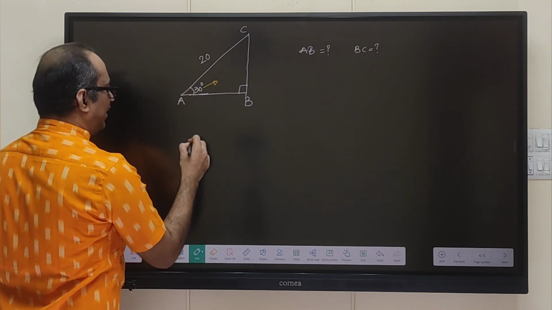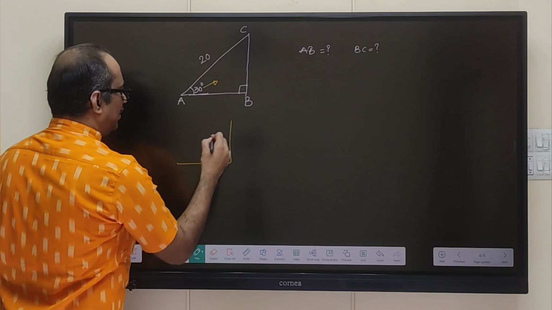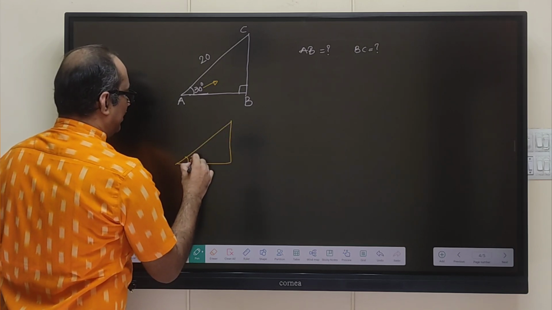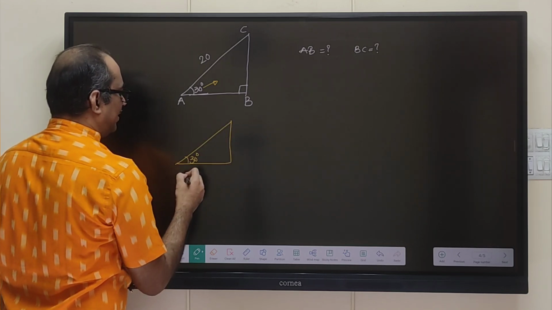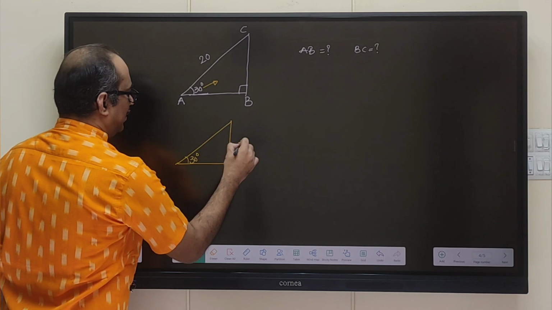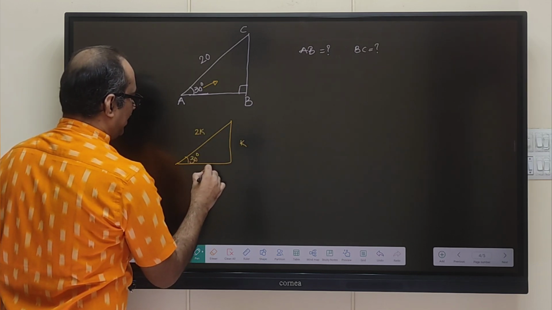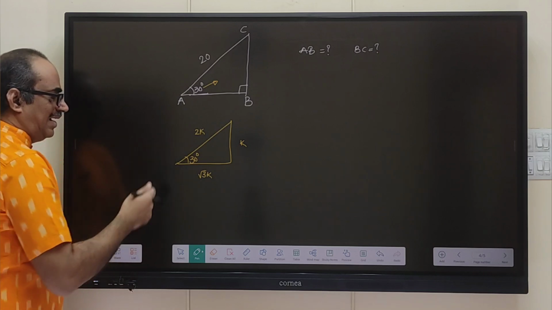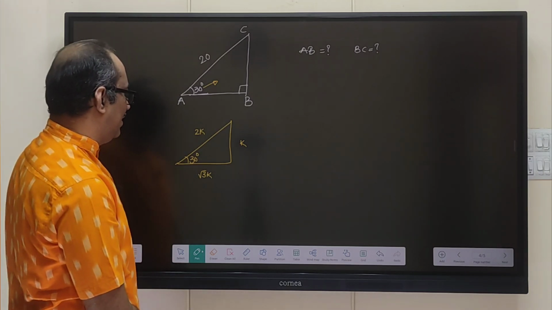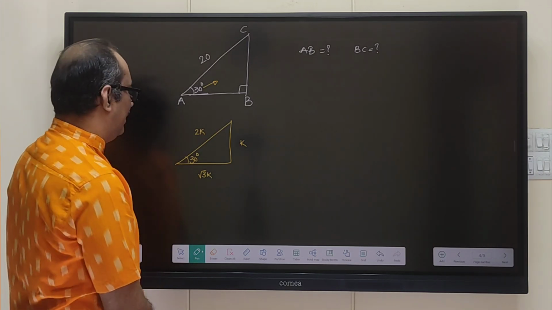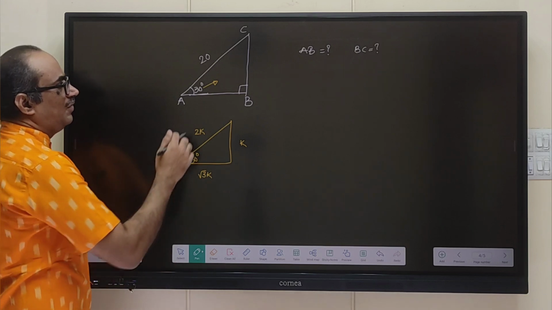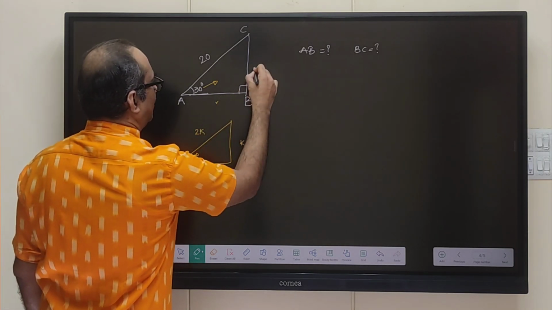So that means I can just write down how this 30 degrees sine 30 will be 1 by 2. So I can say this is k, this is 2k and this is root 3k. That is what I know because sine 30 is 1 by 2 and cos 30 is root 3 by 2. And so which information do we want? We want AB and we want BC.